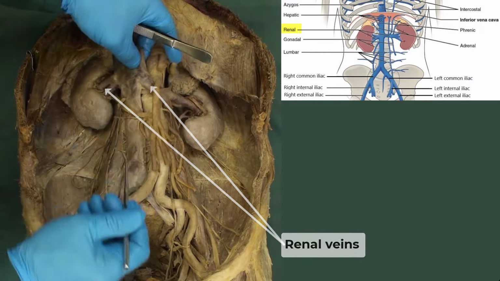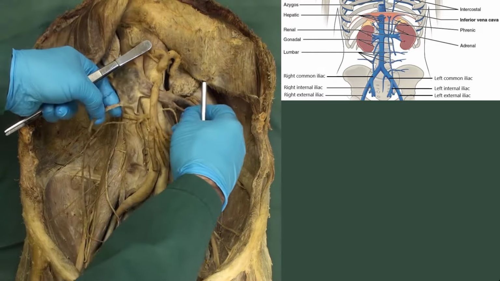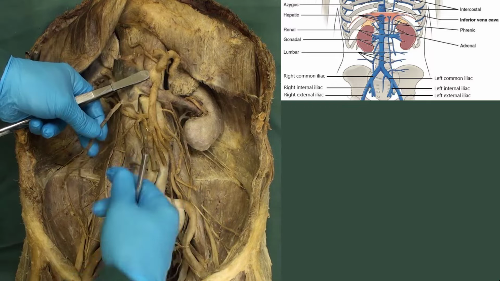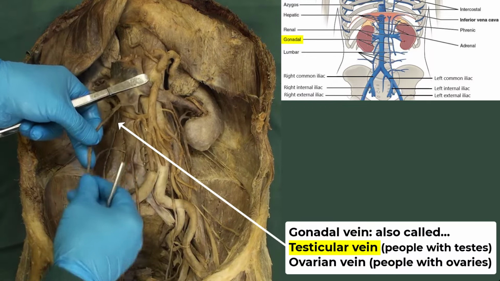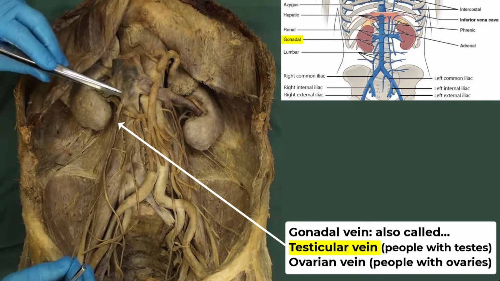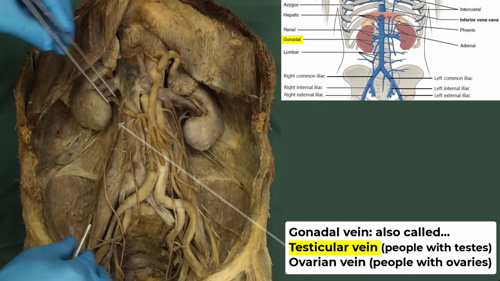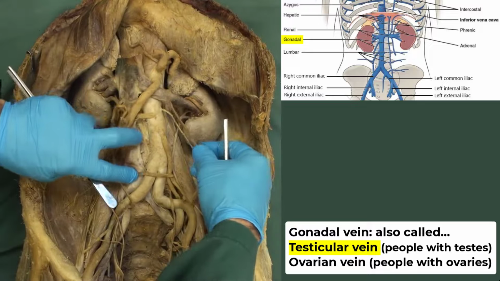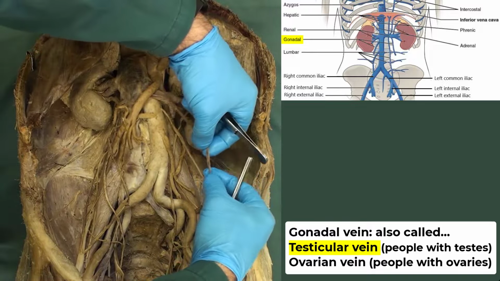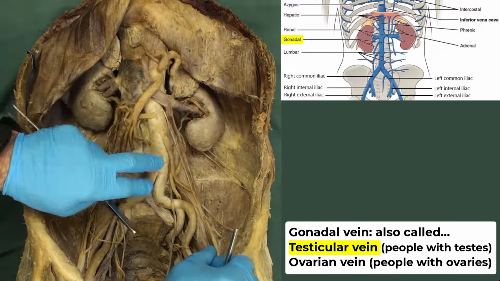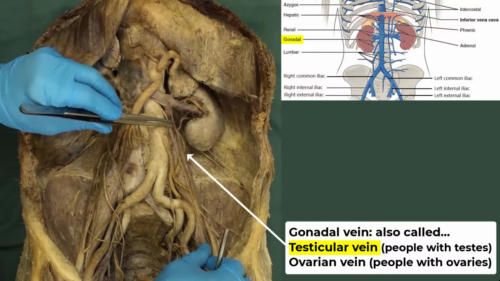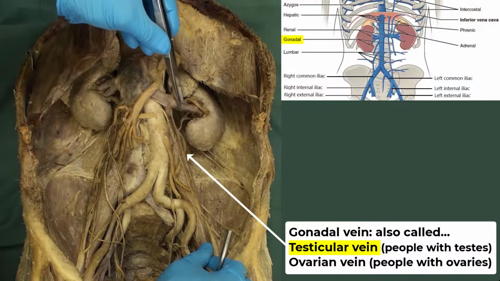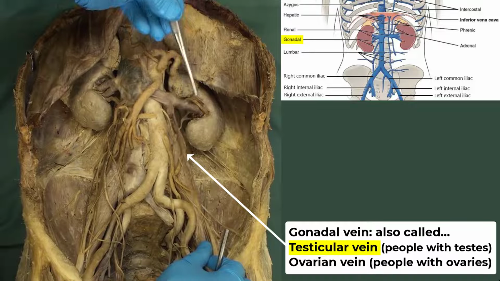Now, in regards to the branches or tributaries of the IVC, the main ones are the renal veins, as you can see, one on each side. We also have the gonadal veins, or in this case, testicular. On the right side it goes directly to the IVC, whereas on the left side, the testicular vein, or in females the ovarian vein, drains into the left renal vein. That is not a variation.